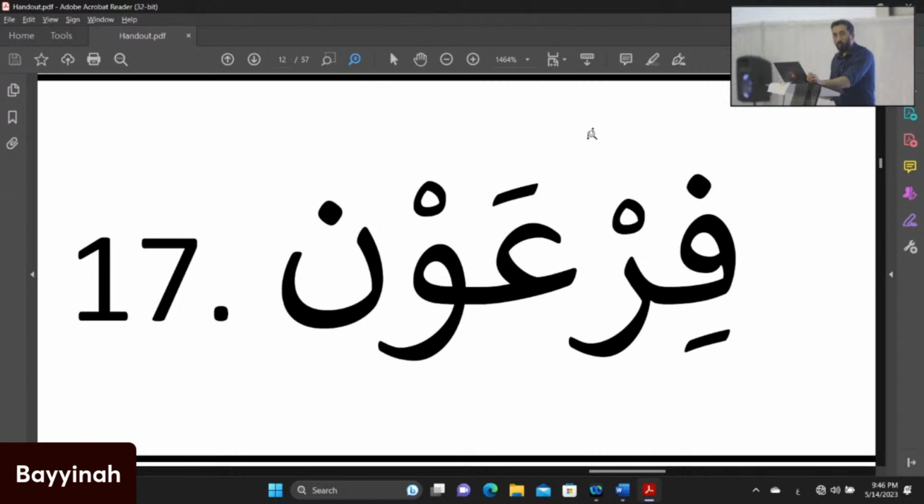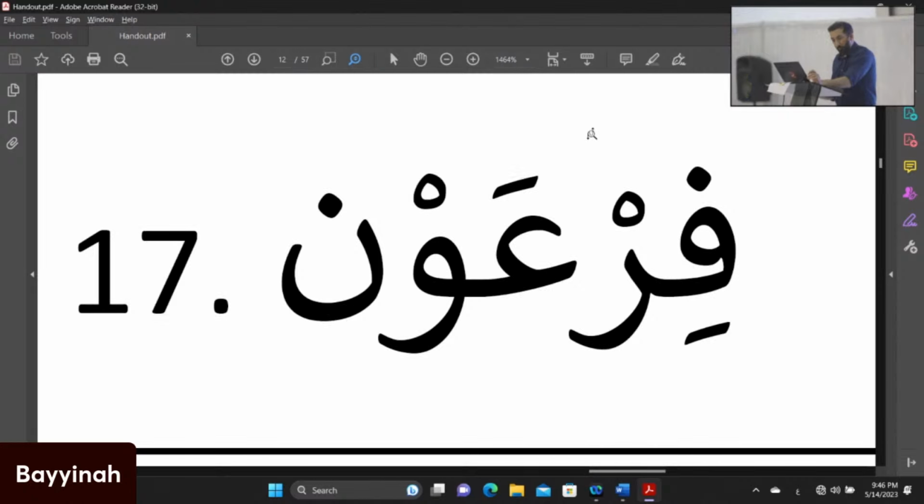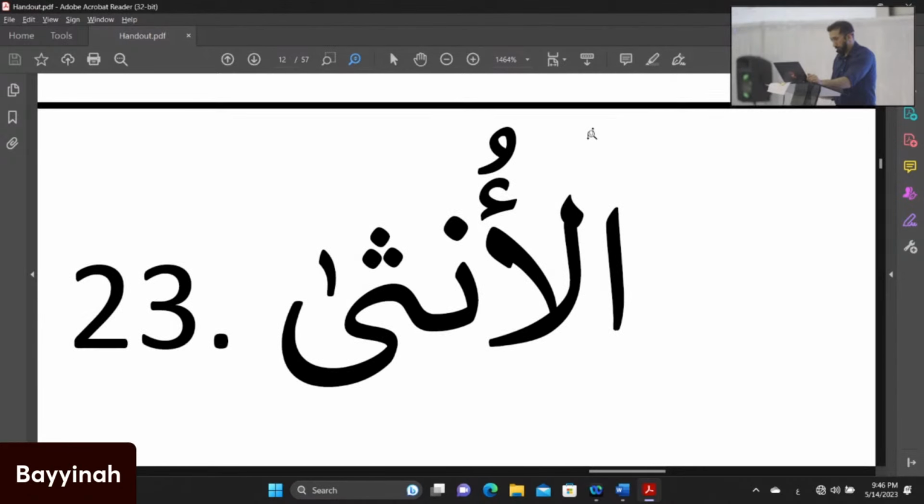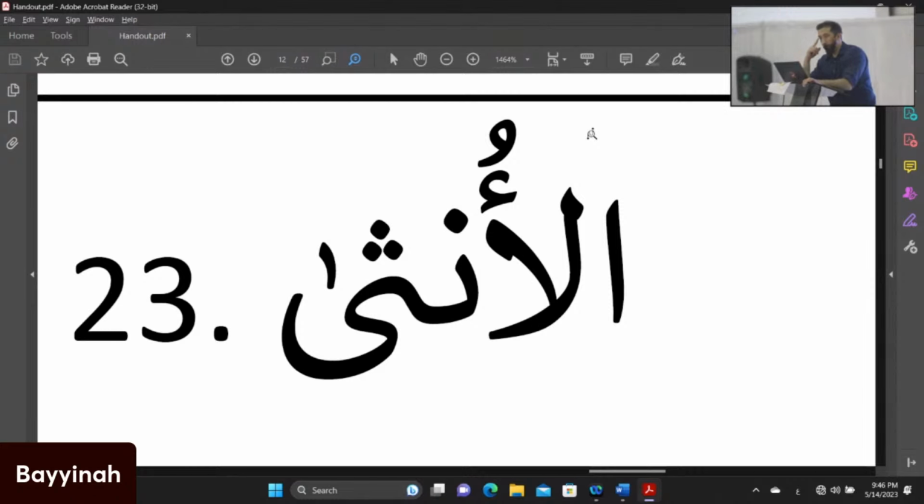Fir'aun. Partly flexible? Why is he partly flexible? Non-Arab name. Non-Arab name. So the rafa, nasab and jar of Fir'aun. Fir'aunu, Fir'auna, Fir'auna. Al-untha. Why is it non-flexible, everyone?